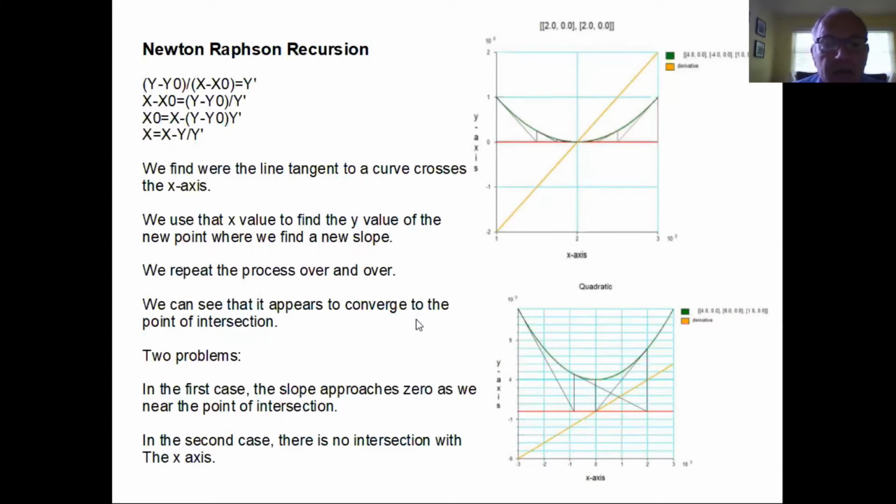We can see that it appears to converge at the point of intersection on the top curve. However, there are two problems that occur. The first is that if the slope approaches zero near the point of intersection, we're dividing by y prime, which is 0. And that is an indeterminate situation. This happens in the first case because we have two roots the same, 2 and 2.